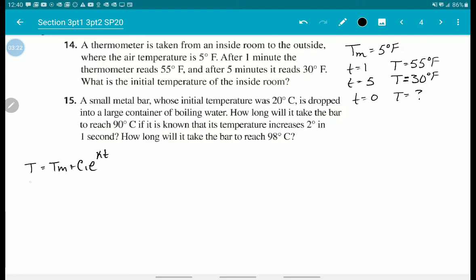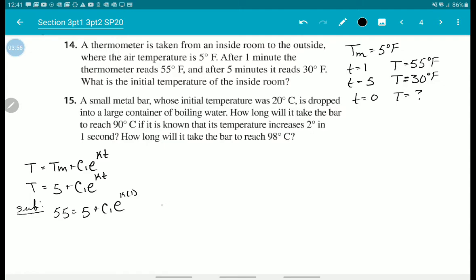So we know the temperature of the medium is 5 degrees. We have two constants we have to find, this C1 and this k, and we have enough information to do that. So we're going to make some substitutions. We substitute in the first set of values, where the temperature is 55 degrees after 1 minute.